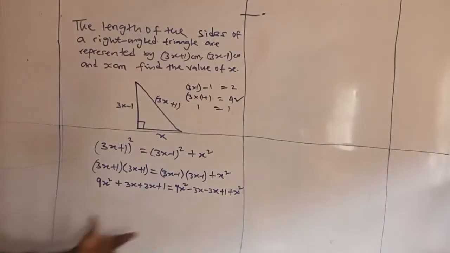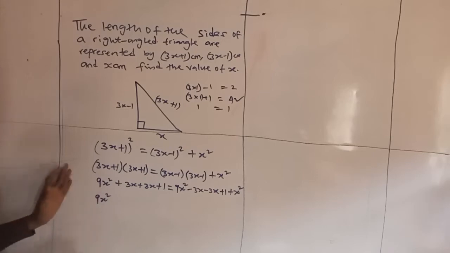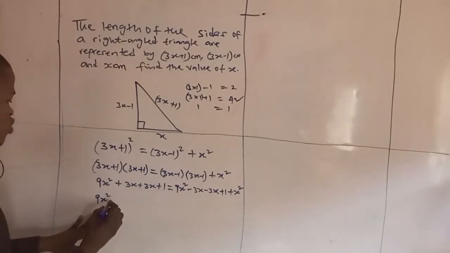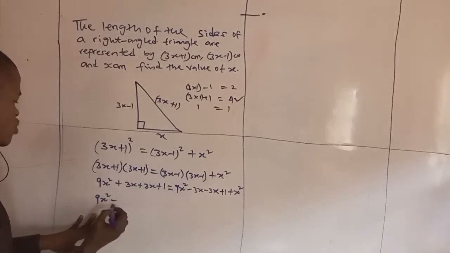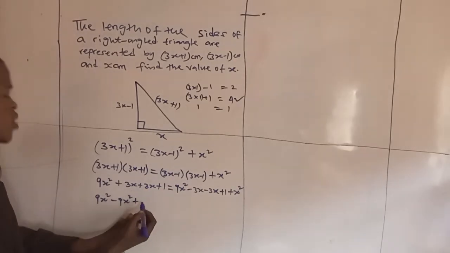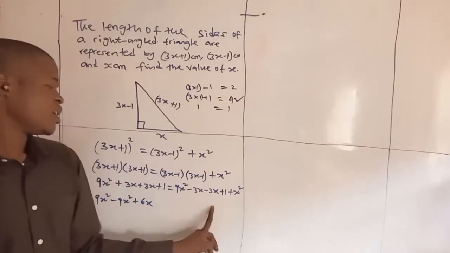So let's collect the like terms. We have 9x squared from our left hand side. If I bring this 9x squared to my left hand side, the plus in front of it changes to minus, so we have minus 9x squared. Plus, this is 3x plus 3x, we have 6x. From my right hand side, this one has gone.